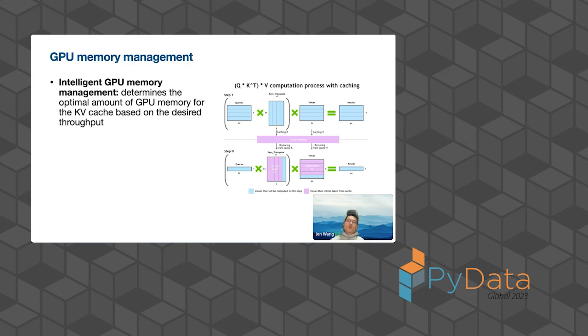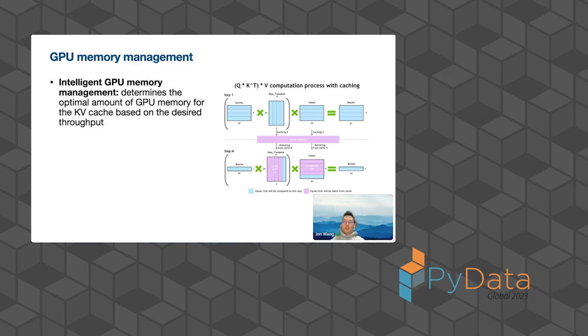So this careful management of GPU memory is really helpful when running multiple models on the same GPU. For instance, for a RAG application, you will need three models. One of them is a large language model, and you will also need an embedding model and a re-ranker model.